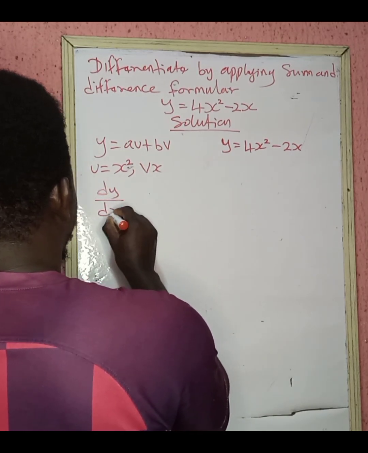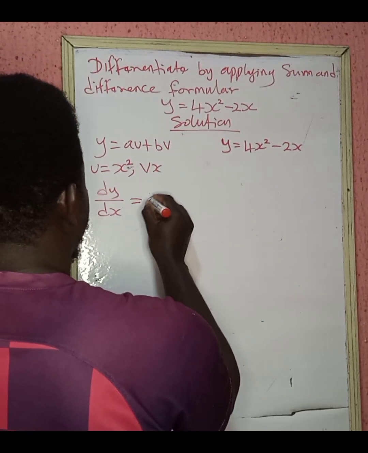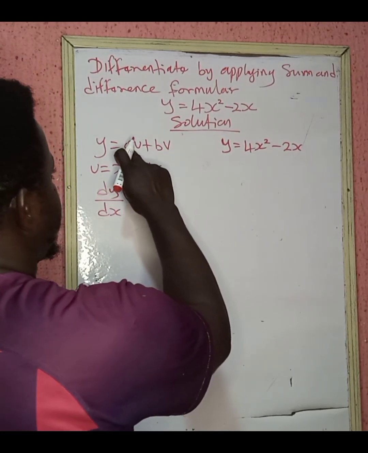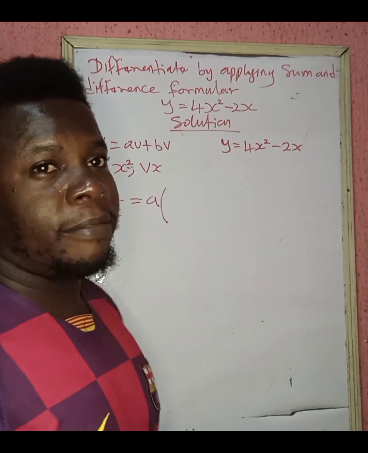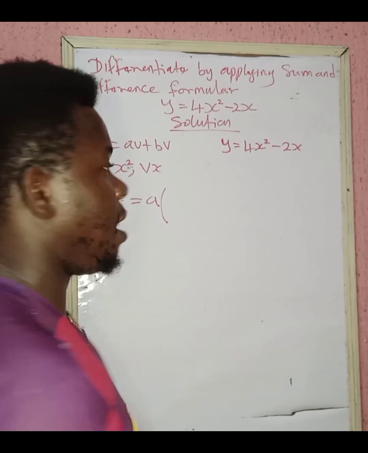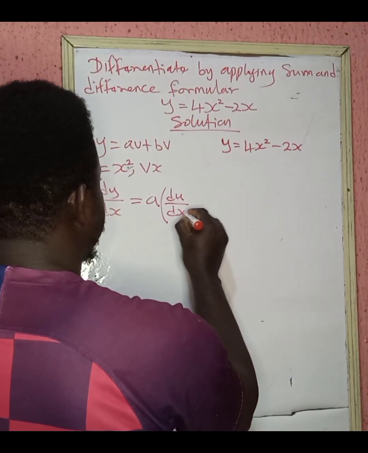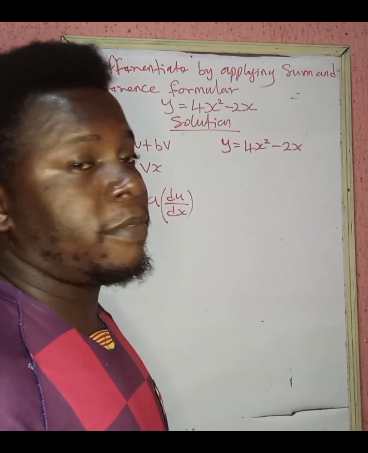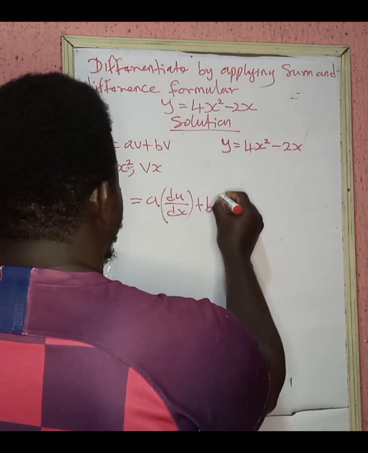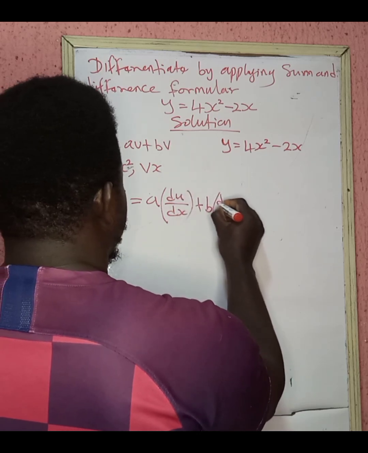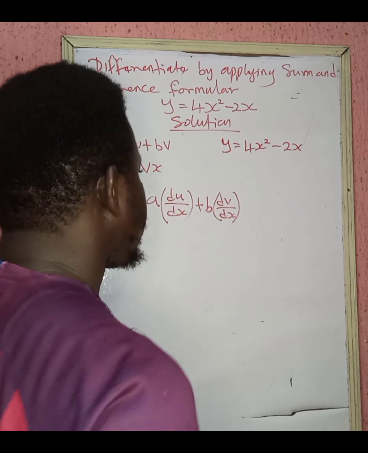dy over dx is equal to a, in brackets, we'll differentiate, since they are functions of x, du over dx, differentiating with respect to x, plus b times dv over dx.